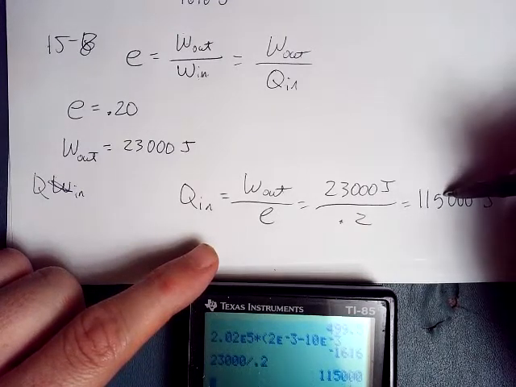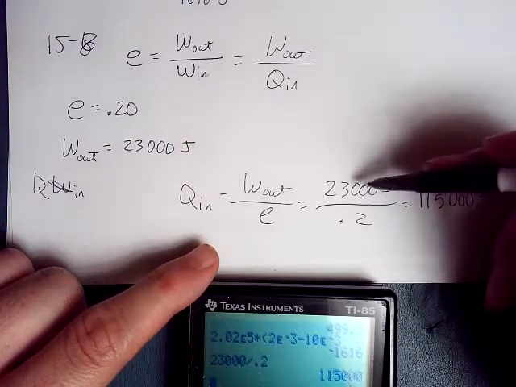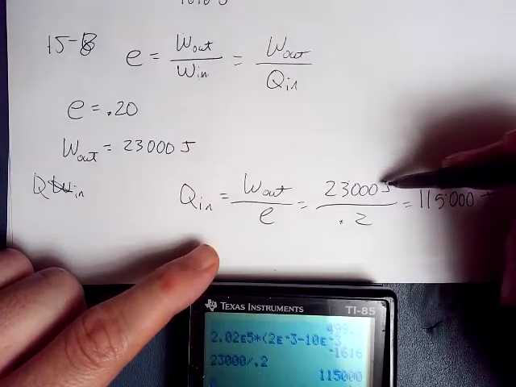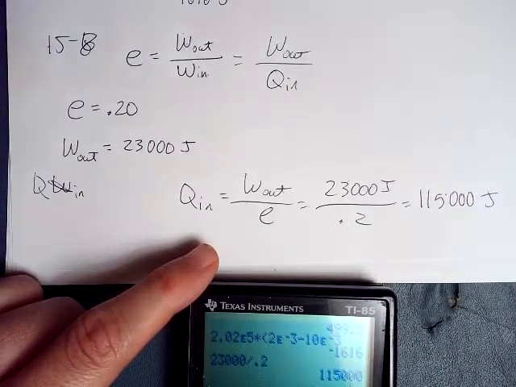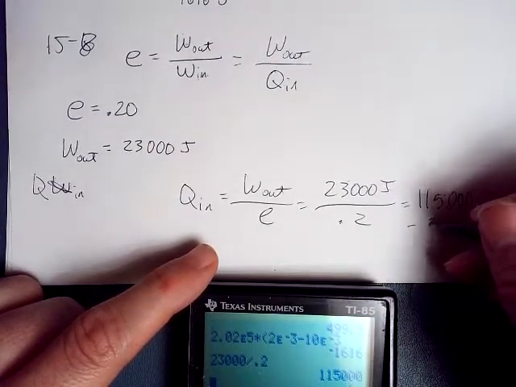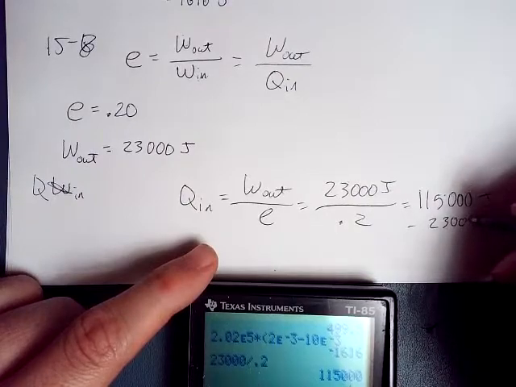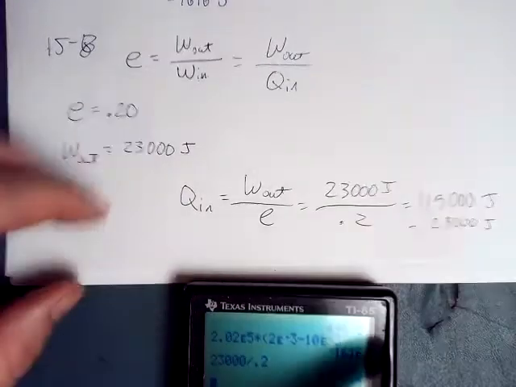We're putting in 115,000 joules. We're getting useful work of 23,000 joules out. Now the difference there has to go somewhere else, and that always leaves the system as heat. So to get the amount of heat, you're just going to subtract the difference there. And whatever that is, that's the amount of heat that's discharged. Okay, 2 more here.